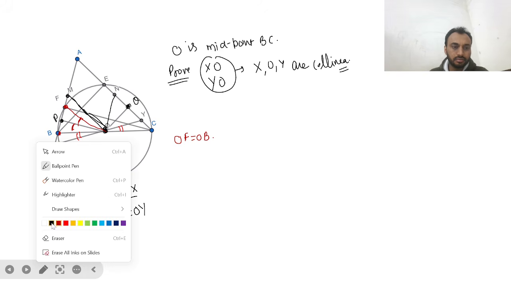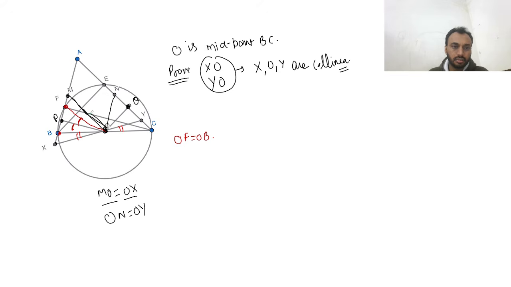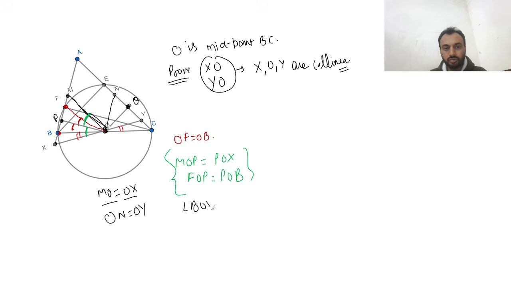And this angle is equal to this one, right? Angle MOP is equal to angle POX, and also angle FOP is equal to POB. Means that angle BOX will be equal to the angle MOF.